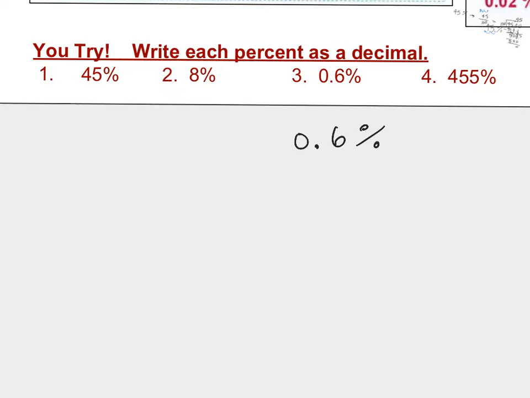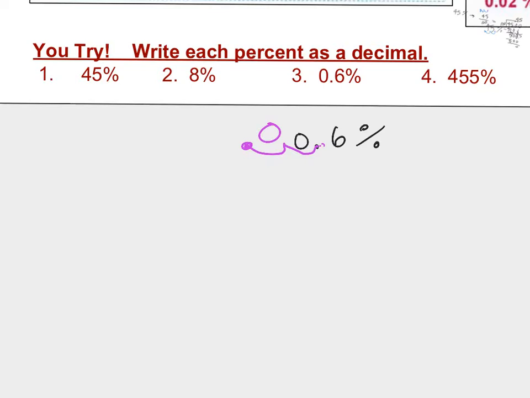And if it's 0.6 of a percent, and the word percent means per hundred, then this is 0.6 of 1/100, which is 6,000ths. So just like we learned, if you are a percent and you are being changed into a non-percent, you are going to move your decimal away from the percent 2 to the left. Always 2.